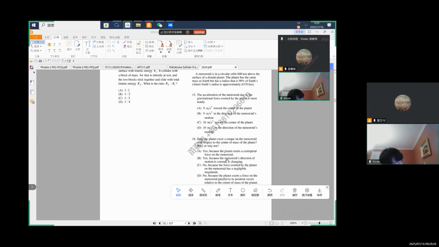Does it have a torque on the meteoroid? It has to have a torque on the meteoroid, right? Well, we have to draw the diagram. How do you know?